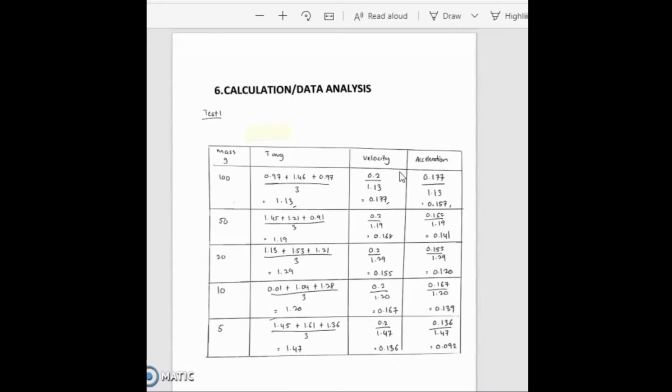And lastly, for acceleration, the formula for acceleration is velocity over the time average. Same goes for test 2. We use the same formula for acceleration, and after we calculate, we will get all the values for the information we need.